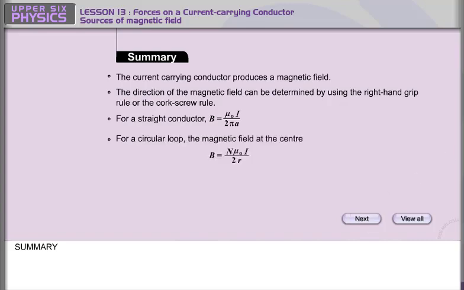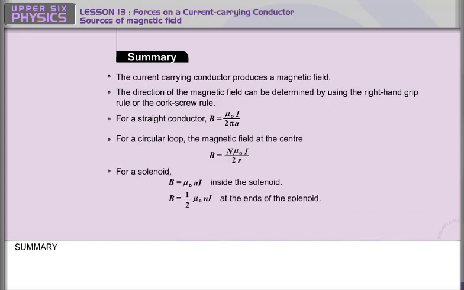For a circular loop, the magnetic field at the center, B, equals N mu naught I over 2R. For a solenoid, B equals mu naught nI inside the solenoid. B equals half mu naught nI at the ends of the solenoid.